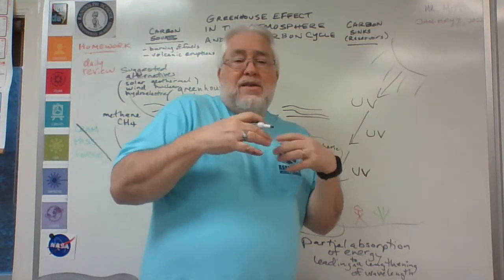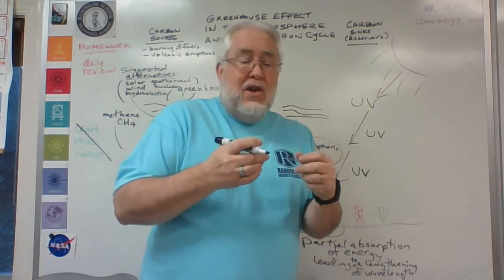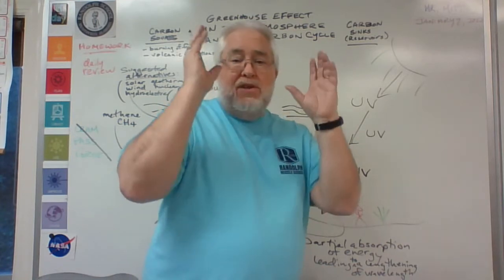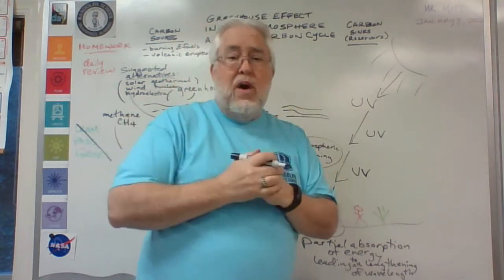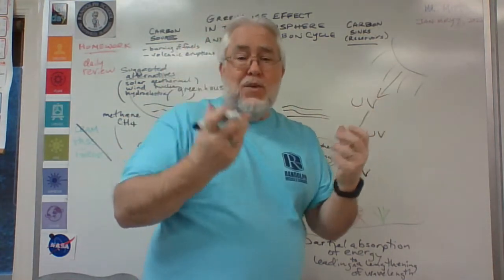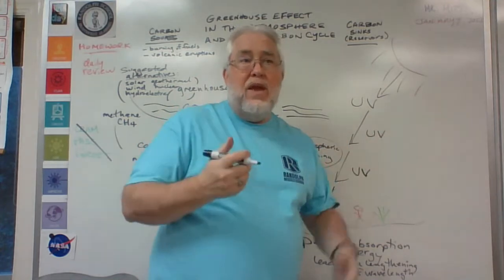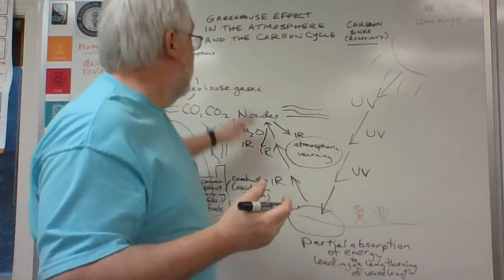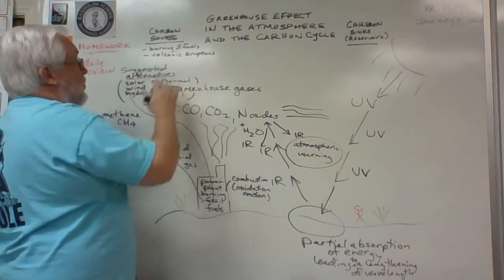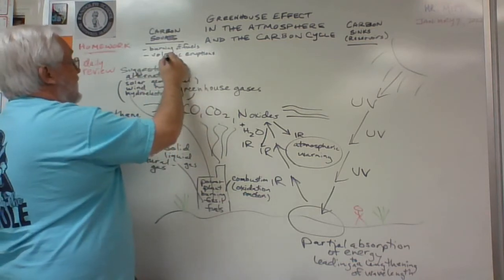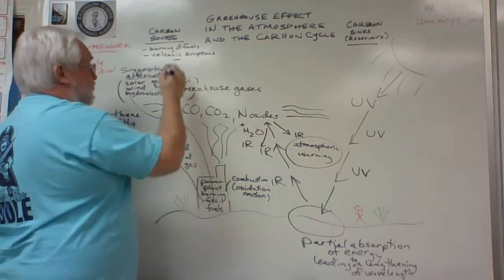When coal high in pyrite burns, it puts sulfur dioxide into the atmosphere, which can combine with water and produce acid rain, or weak sulfuric acid, which of course we don't want. But volcanic eruptions can be responsible for putting quite a lot of carbon dioxide into the atmosphere.